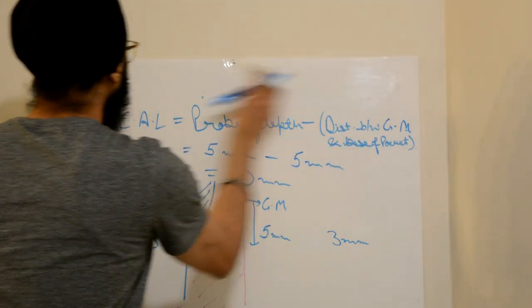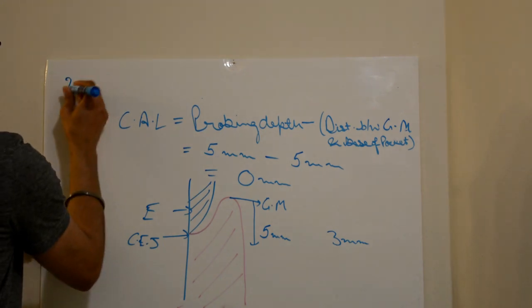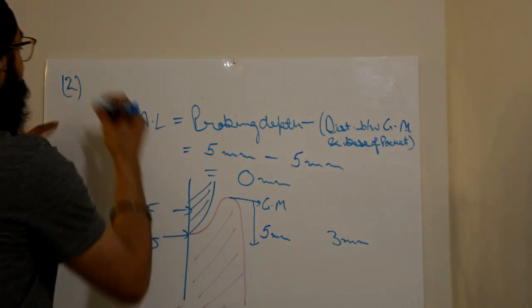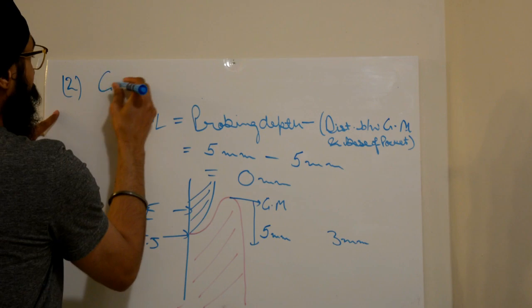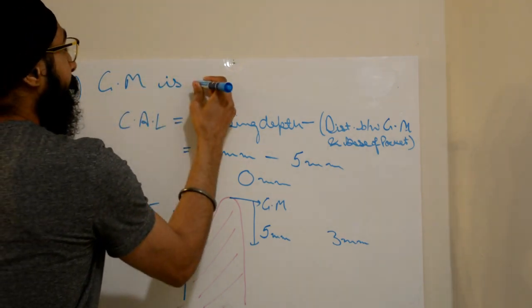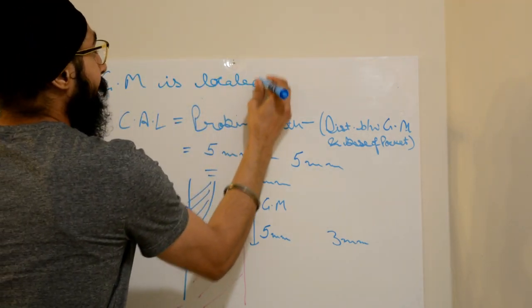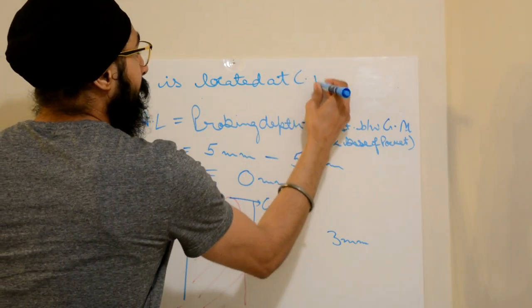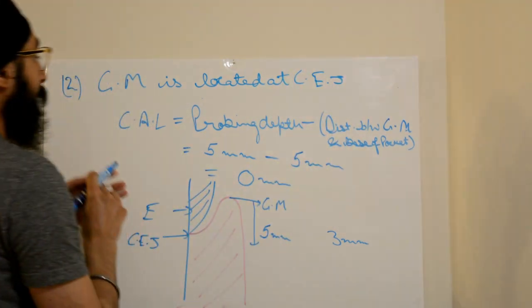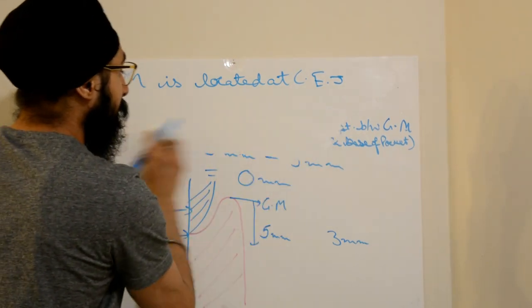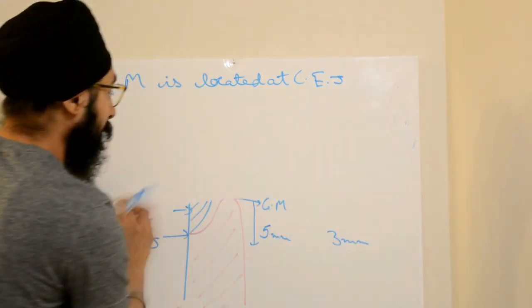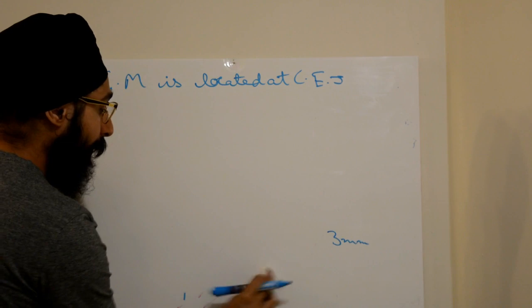The second scenario is when the gingival margin is located at the CEJ. I am going to draw a different diagram.